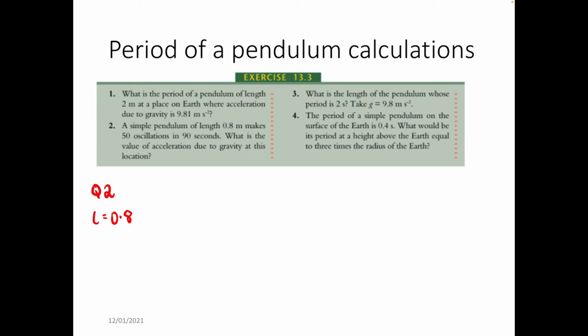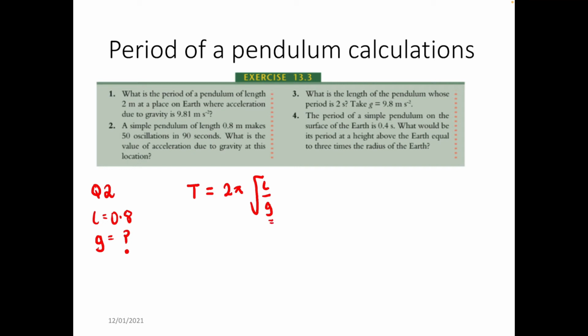What is the value of acceleration at this location? So in this case, we are asked for our acceleration due to gravity. To find our acceleration due to gravity, we need our equation for the period of a pendulum. This is T is equal to 2 pi times the square root of L over g.